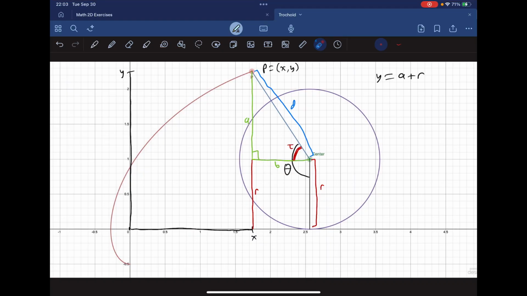So if we draw a copy of that line down here, that distance is also equal to b. And, okay, how do we relate this? So we've drawn out x and b here, but for this to be useful, we need to get an expression for the entire length up to this point.